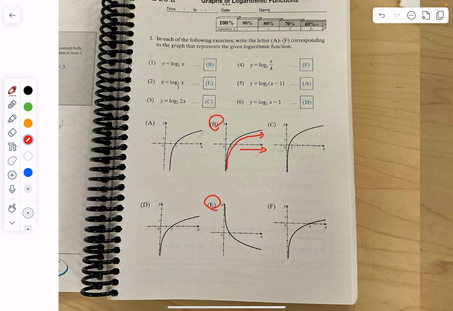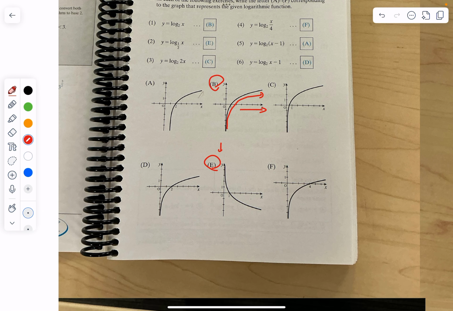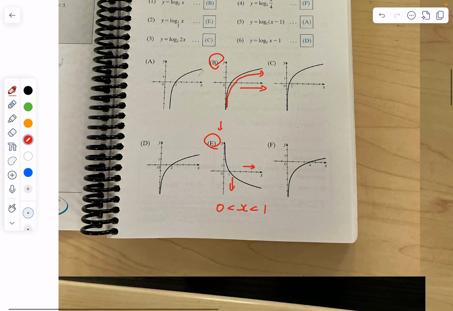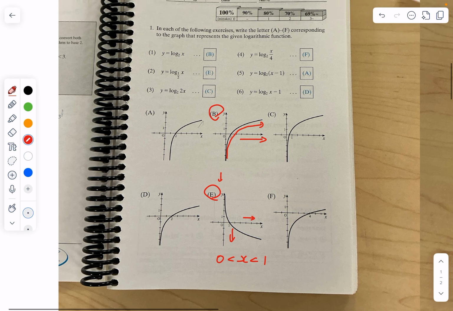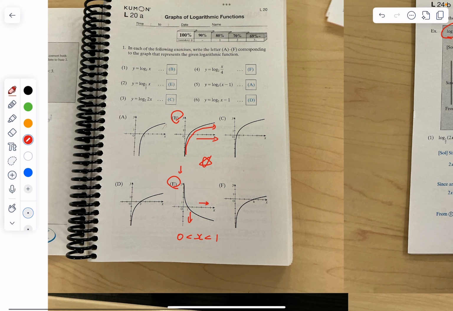But for graph E, the larger the x, the more downward trending my y value is, which means that if I have my base number in between 0 and 1, most likely this is the reversed relationship versus when my base is greater than 1. So it's very important to understand what page 20a is trying to tell us.